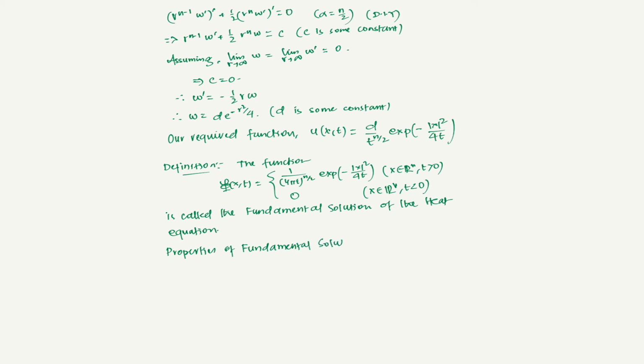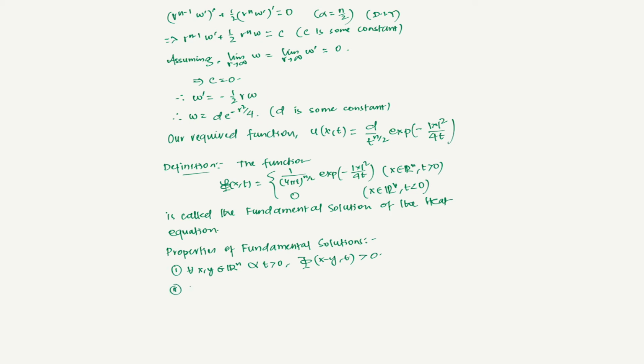Number 1, for all x, y in Rn and t positive, the fundamental solution phi of x minus y, t is always positive. I hope this is fine. The exponential function is positive, so this is always positive. There is nothing to do here.